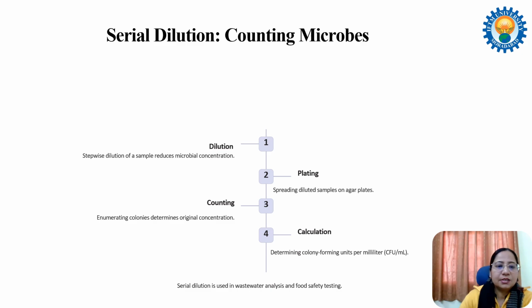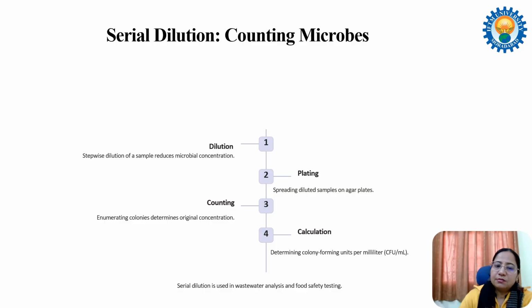That means it is a stepwise dilution of the sample which reduces the microbial concentration. And then we can use one of the dilutions procured from the serial dilution for plating on the agar plate by the spread plate technique. Now, after incubation, these spread plates can be used for counting.